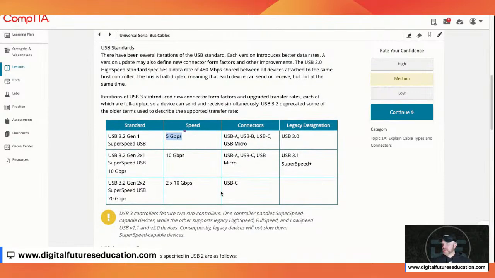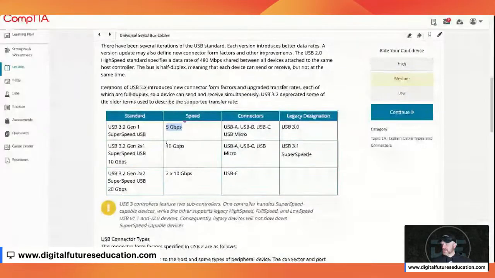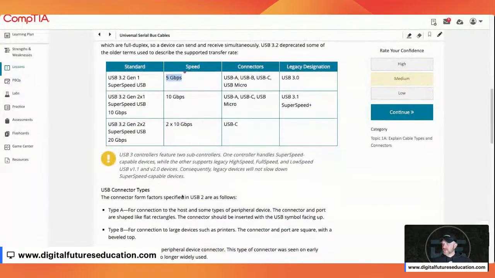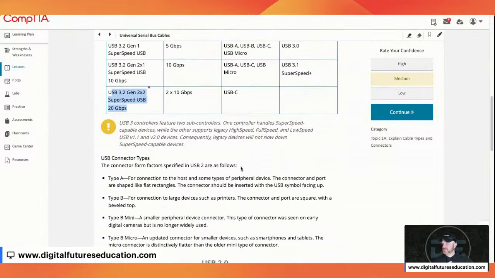And then we have the 10 gigabits per second, and this is the 3.2 Gen 2 SuperSpeed USB, with USB-A, USB-C, and USB micro, and the legacy designation being 3.1. And then here we have the USB 3.2 Gen 2x2 SuperSpeed USB, 2 times 10 gigabits per second with USB-C.